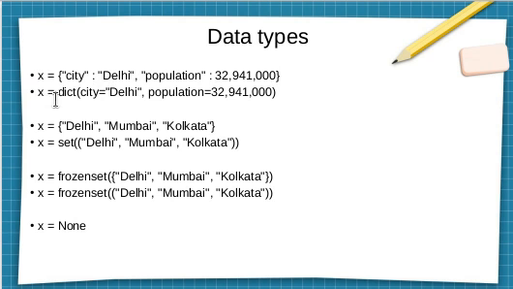Also we can assign this value as a dictionary with the dict constructor. Here single round brackets are enough. City equal to, that means the key is not in double quotes. City equal to Delhi in double quotes, that means the key is not in double quotes but the value is in double quotes, and population in this way.